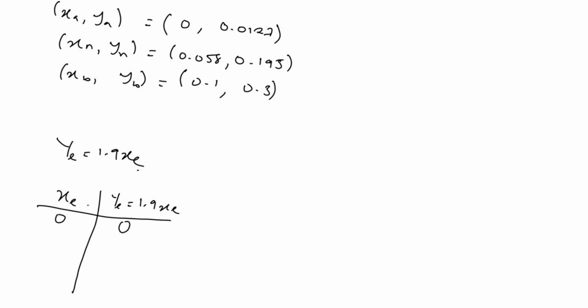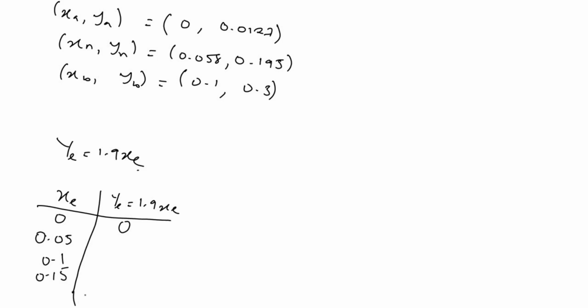I will put the values of X that correspond to the values I have in the operating line: 0, 0.058, 0.1. To determine points closer to this, let me take a range of 0.05. I need to determine Y at X of 0.05, at 0.1, and at 0.15.